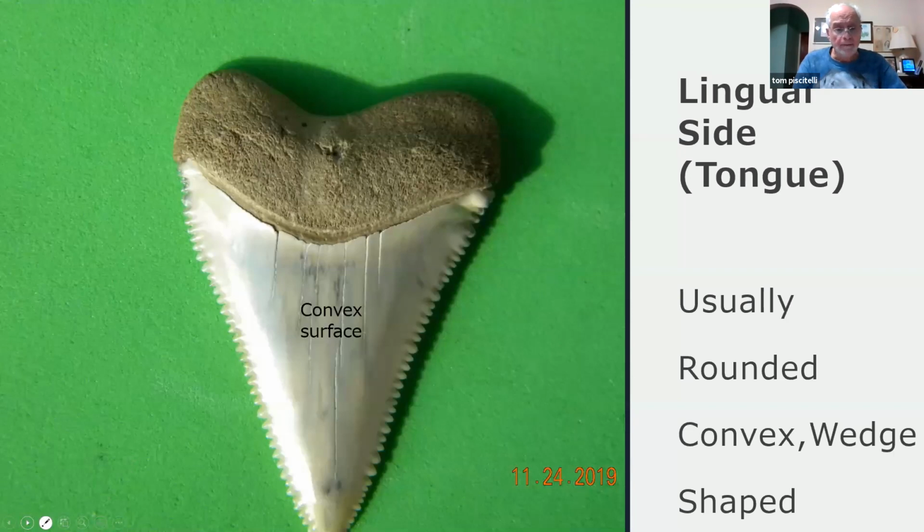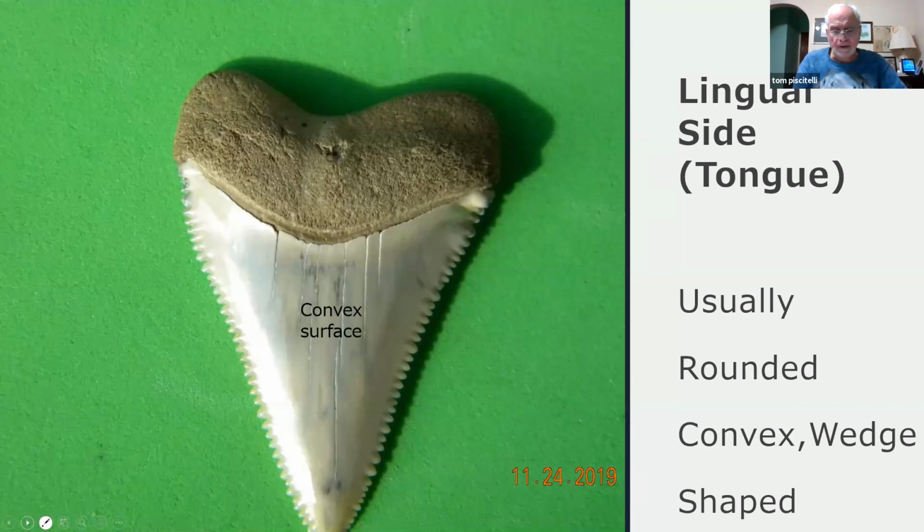The back side of the shark's tooth is shown in the picture. This is the side that faces inward to the inside of the shark's mouth. Technically, this side is called lingual. The lingual side shown above faces the inside of the shark's mouth. The name comes from the Latin word for tongue.